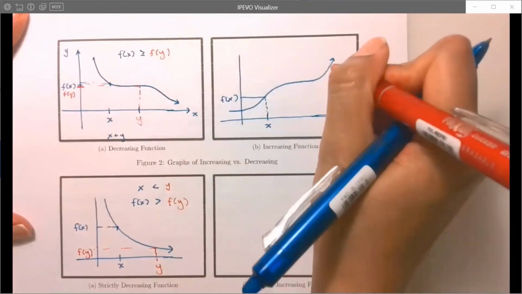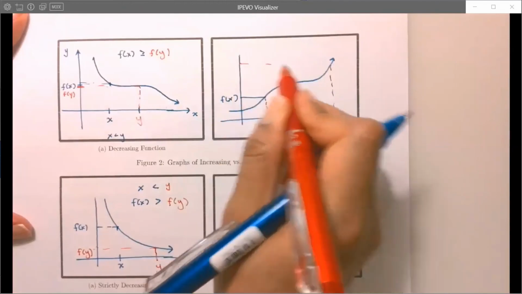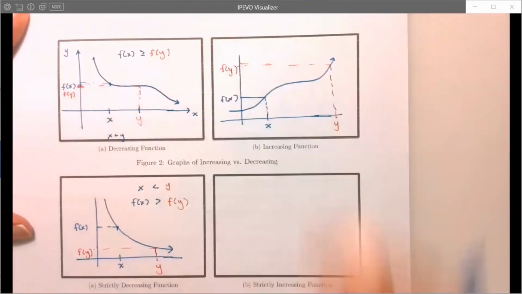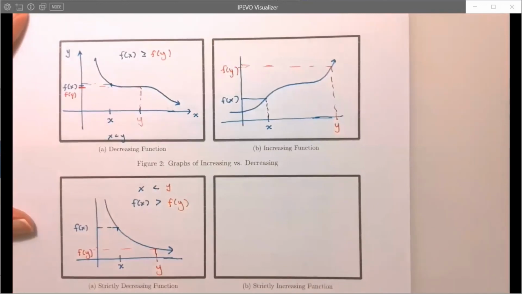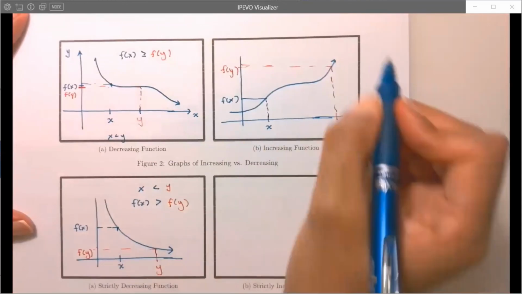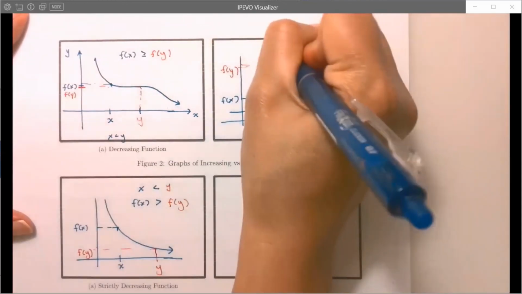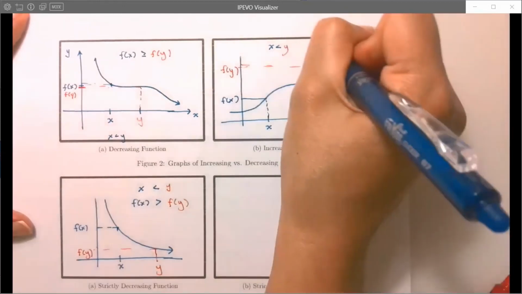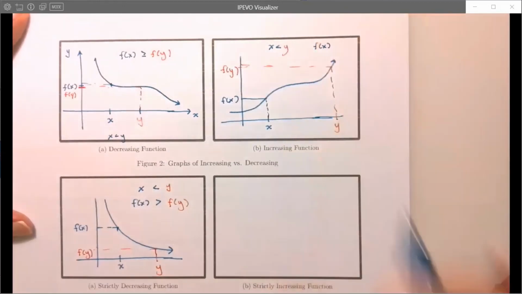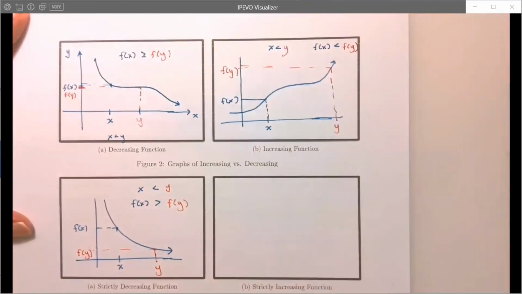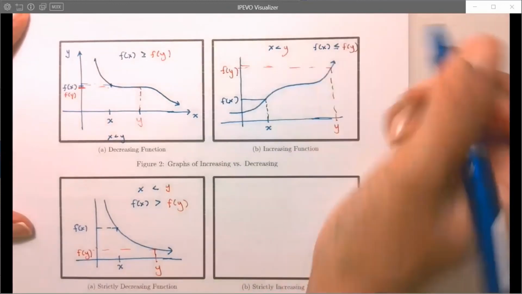F of y is now going to be larger. So we say that a function is increasing if regardless of where we pick x, as long as x is less than y, f of x will be less than or equal to f of y.